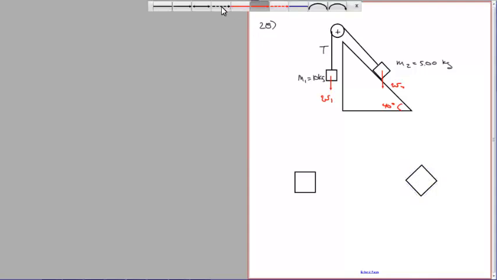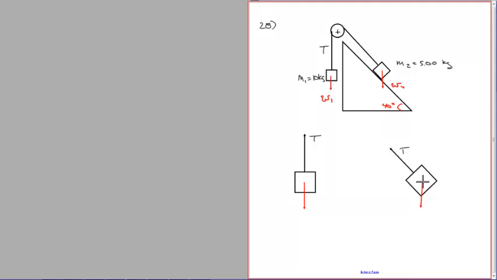So we have a tension pulling in this direction called T. We also have the same tension pulling in this direction, and so it's also T. We have the 2 weights. We have this weight, and we have this weight, W1, W2.